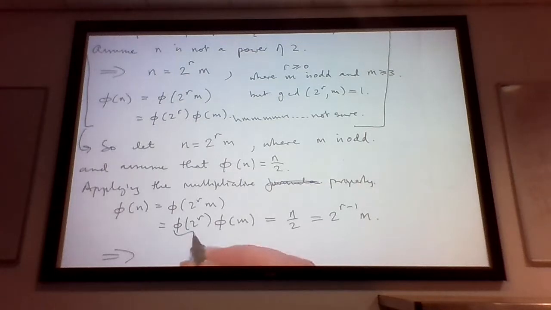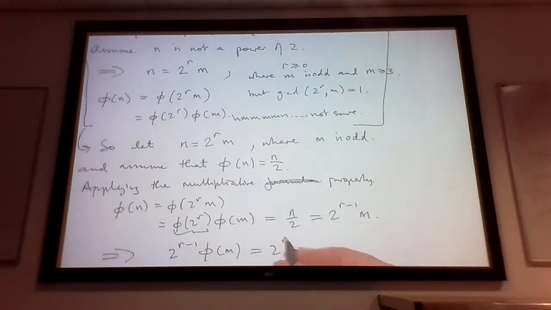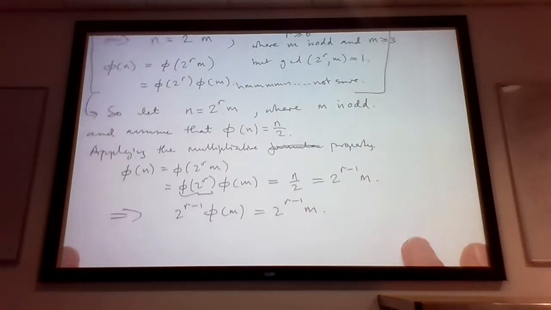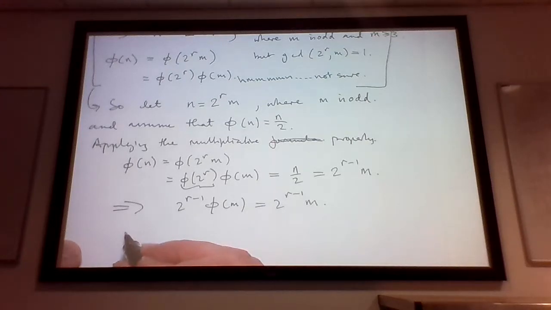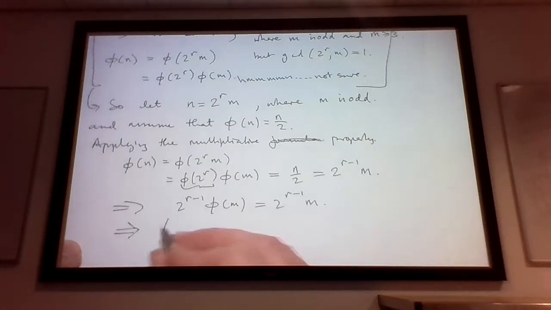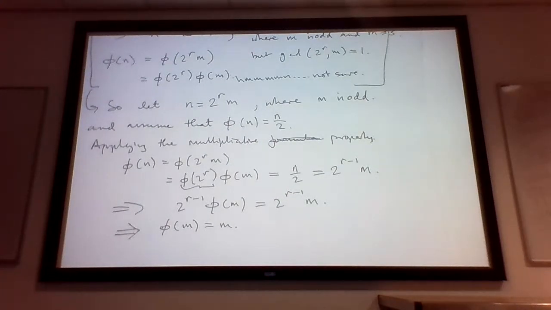But this, if I apply the multiplicative formula to that bit, gives me 2 to the r minus 1 times phi of m, which is supposed to be equal to 2 to the r minus 1 times m. But that implies that phi of m is equal to m. I can cancel the 2's from both sides.